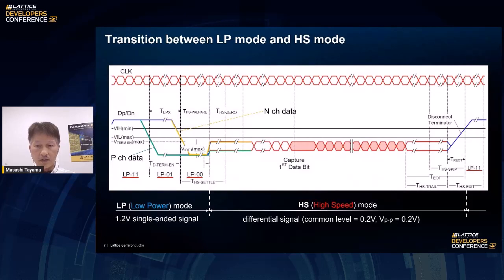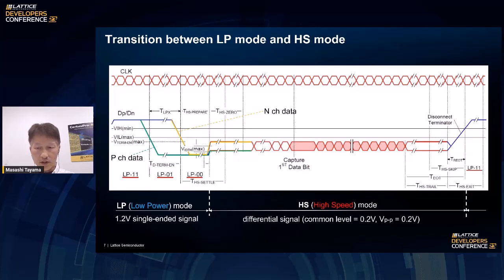Here, I'd like to explain about low power to high speed mode transition of data lane. During the low power mode, both P and N signals are high at 1.2 volt, single-ended. That is called LP11. To begin the mode transition, P signal goes to ground level first, while N signal stays at 1.2 volt.